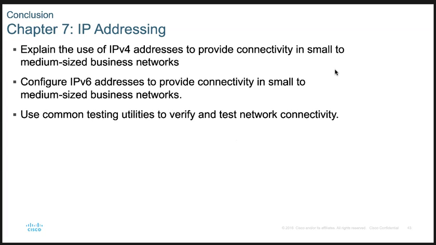And I said the two most common commands that we use to test TCP/IP communication are ping, which is part of the ICMP protocol, and traceroute, which we use to test connectivity between a client and a local or remote computer.